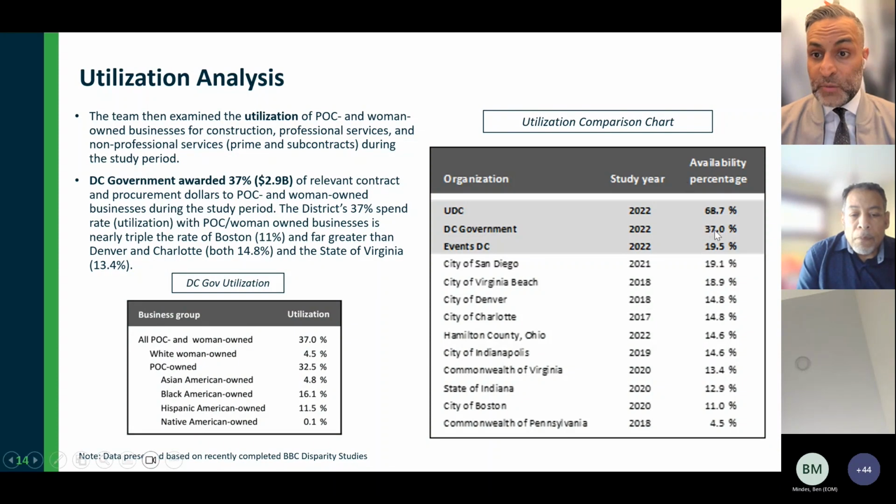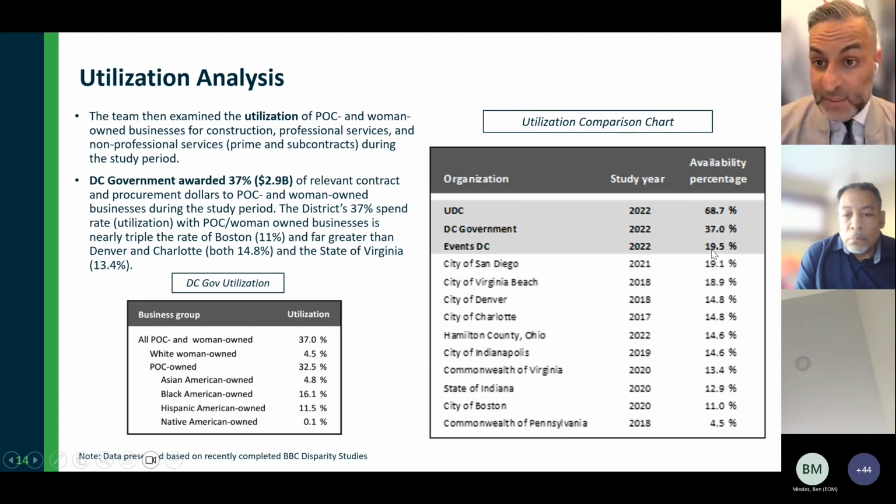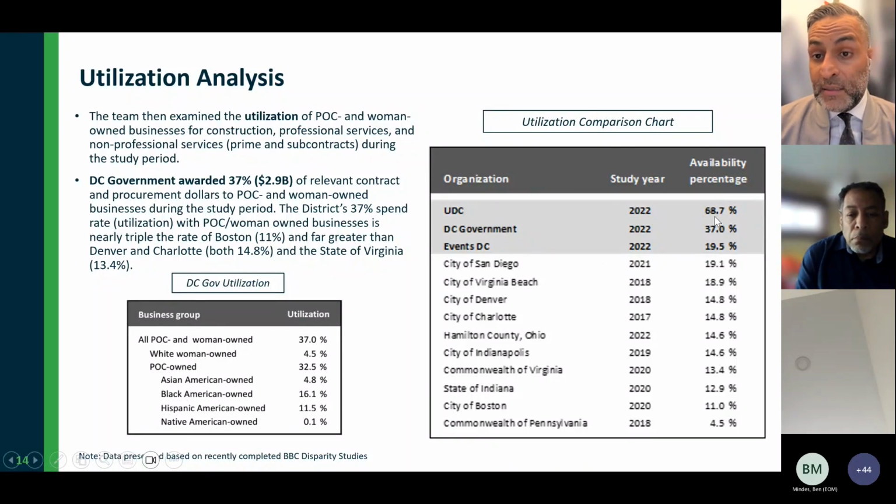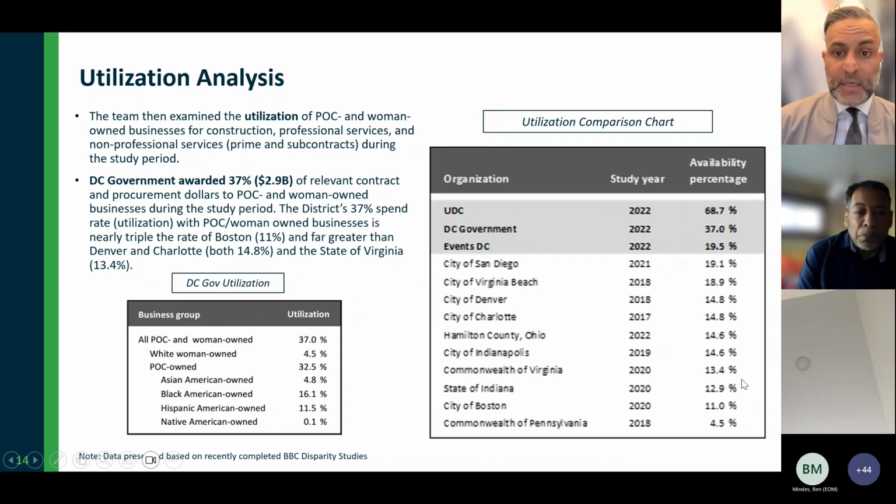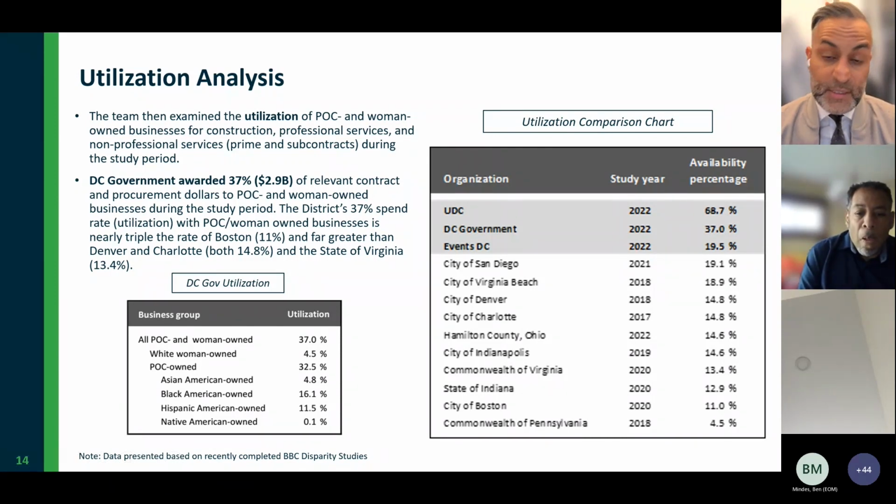So DC government's 37%, Events DC was at 19.5%, and UDC was at about 69%. And that is, at least in the case of UDC and DC government, substantially higher than some of the other organizations we've recently worked with across the country, including the City of San Diego, City of Virginia Beach, City of Denver, and a variety of other organizations as well.